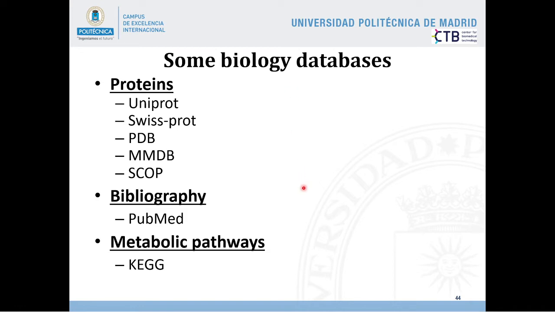Also for bibliography, we have PubMed, the most mined source to extract biomedical knowledge, for example. And for metabolic pathways, we have KEGG. Another one would be WikiPathways, for example. Plenty of them.